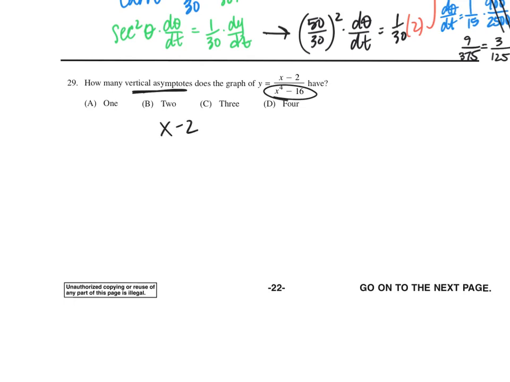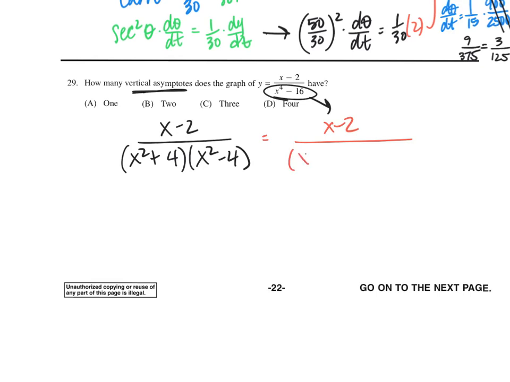When we go to factor this, it can be factored with difference of squares. So when I factor this, I'd have x squared plus 4, x squared minus 4. This can still be factored using difference of squares, and I'm left with x minus 2 over x squared plus 4 times x plus 2, x minus 2.